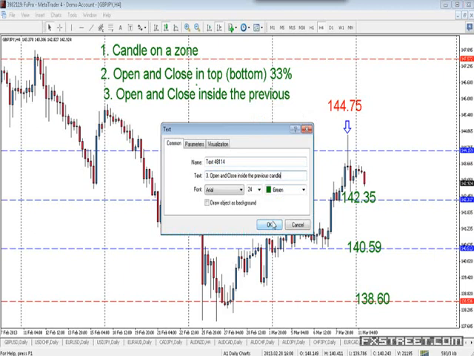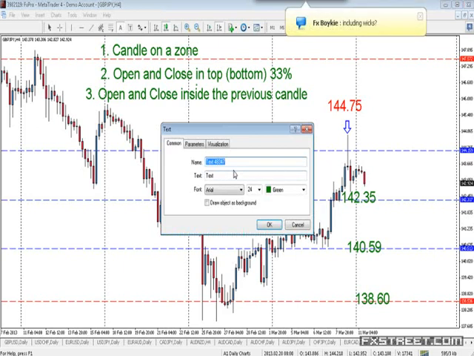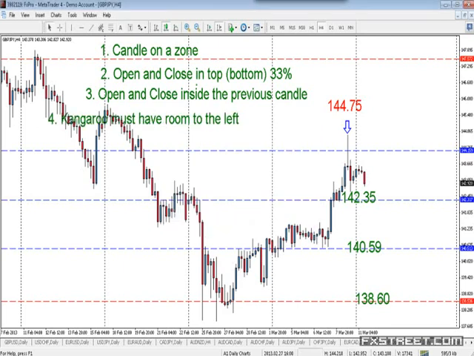Now we sort of get into some tricky things here. The next thing is that the candle should have room to the left. The kangaroo tail must have room to the left.